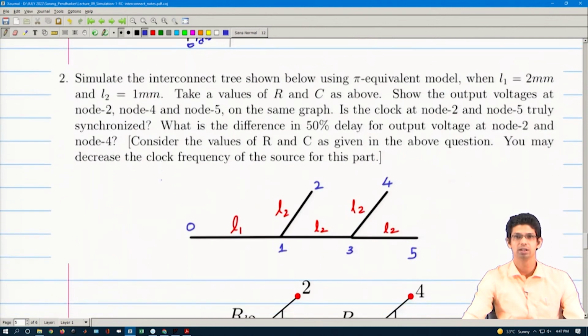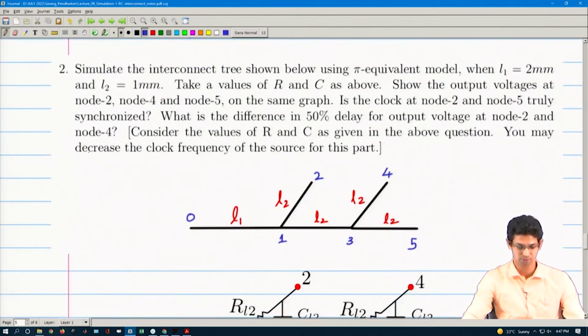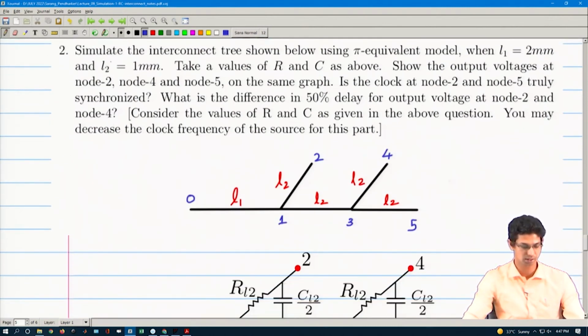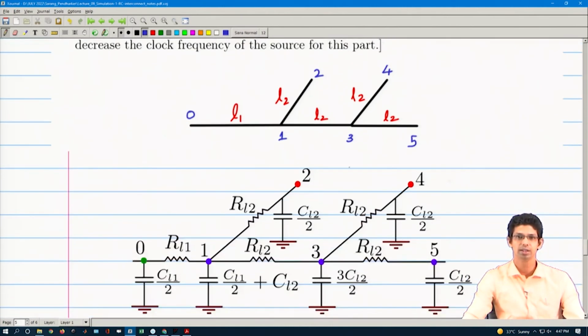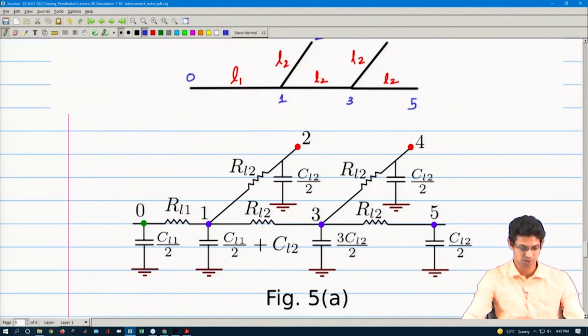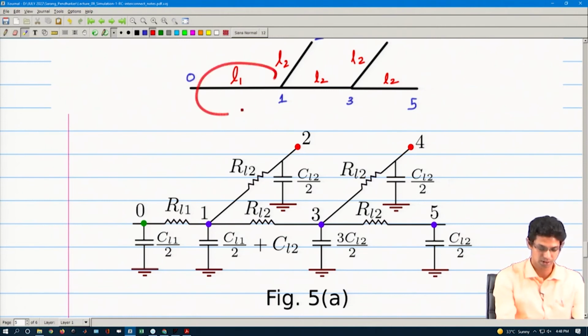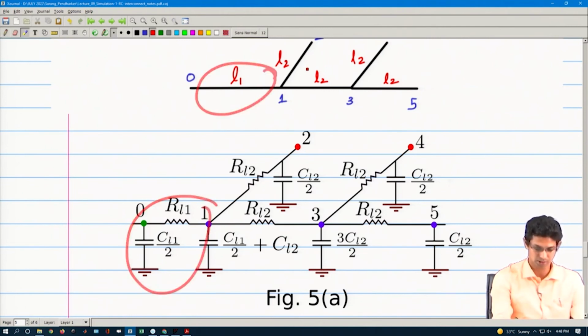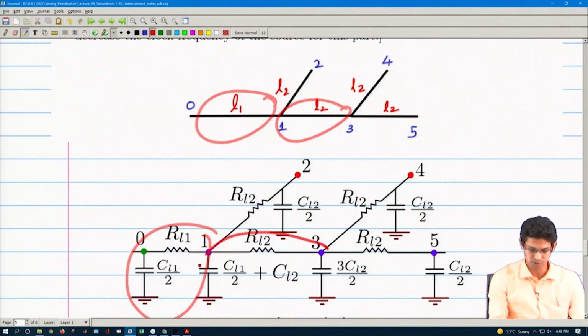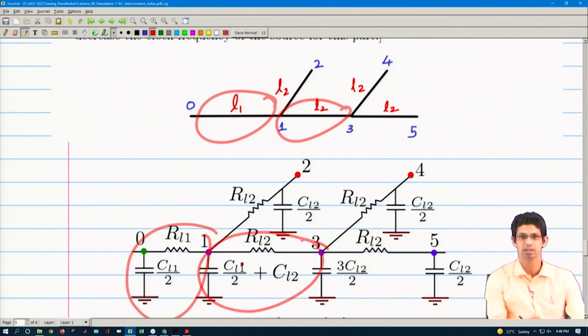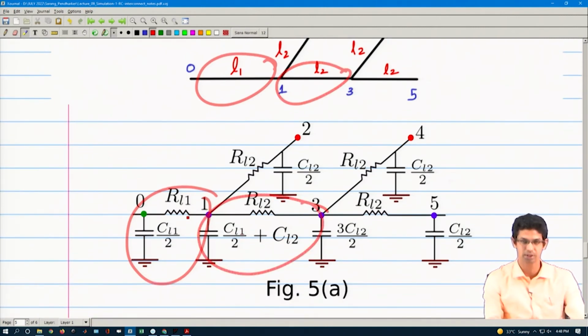Now, let us take this final case where there is an RC interconnect tree like this. We have already seen how we can represent this with an equivalent circuit like this. So, we replace each segment by an RC term and then club the RC pi network and then club the capacitances.